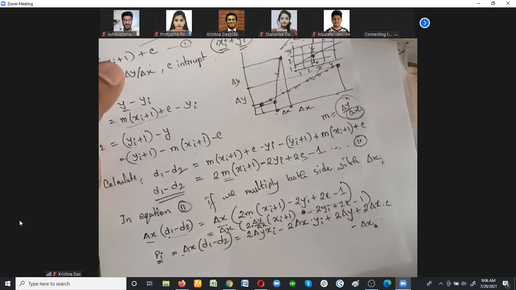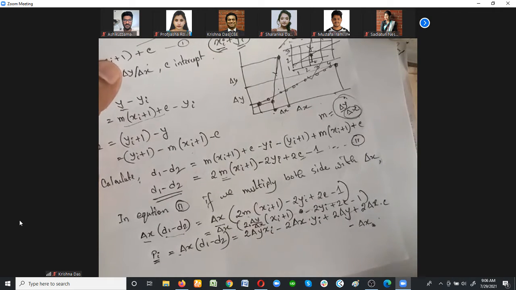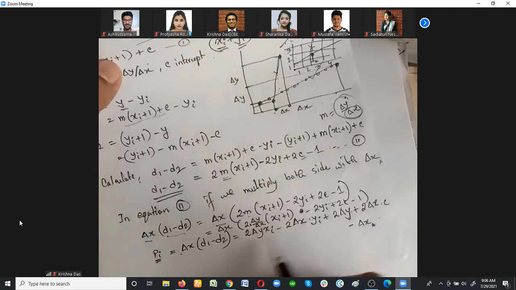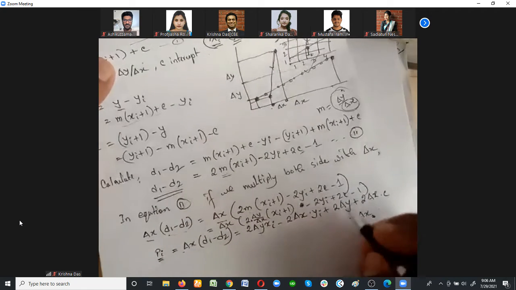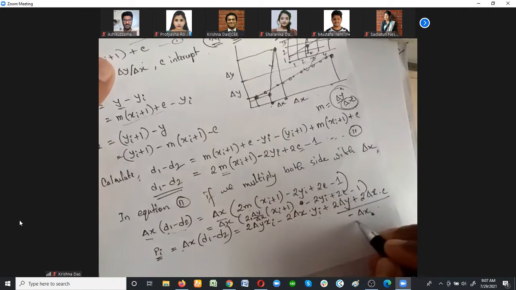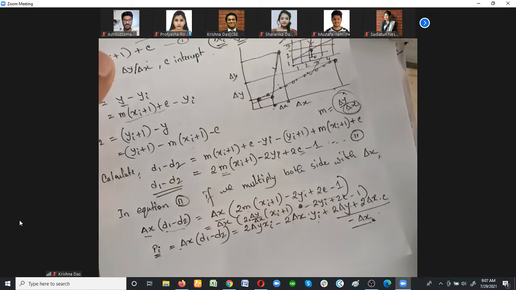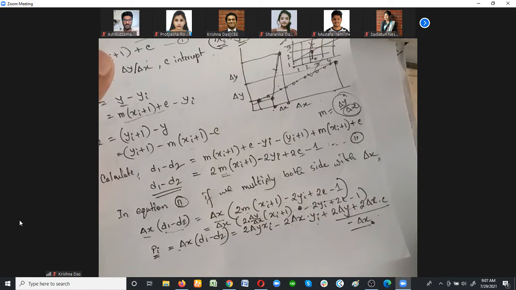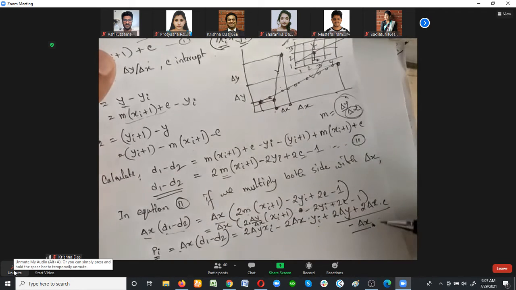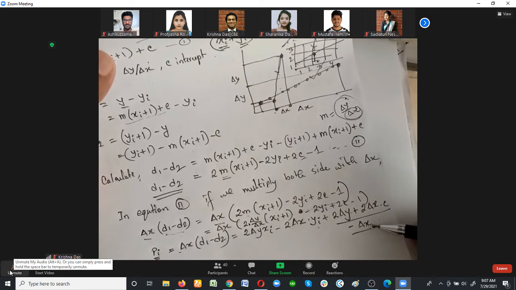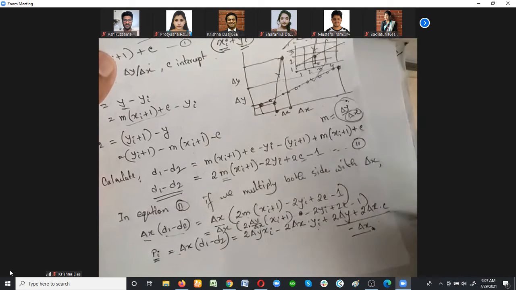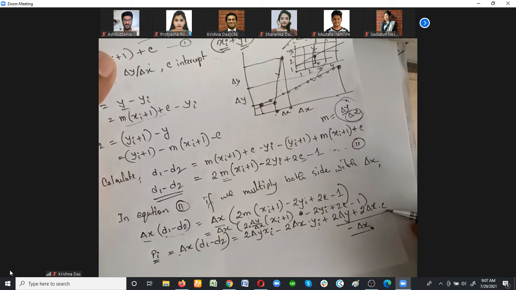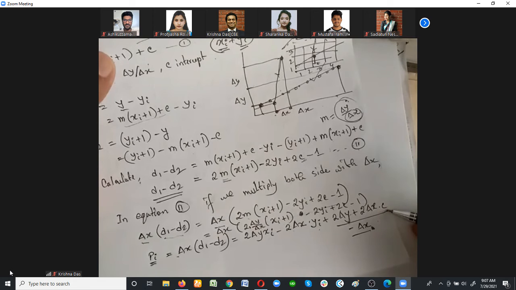Now you try to find out the significance here. The point is that these two terms have x i and y i, but these three terms, 2 del y, 2 del x c, and del x, are actually constant. For any point on the equation, the del x value, the del y value, and c are constant; they are not changing for other points as well.